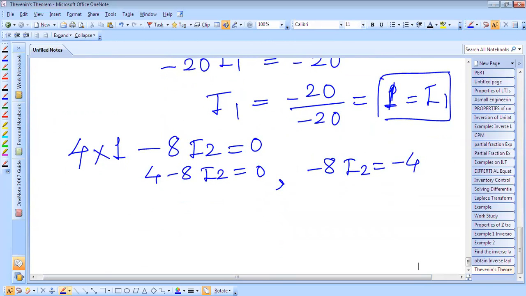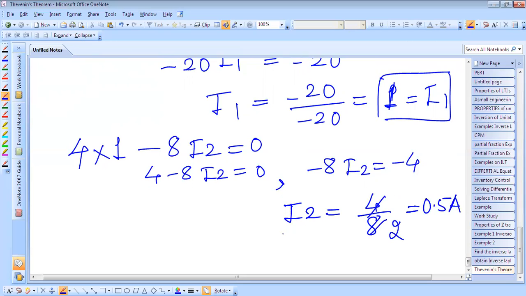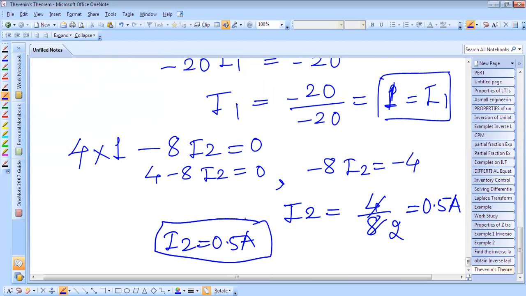Therefore I2 is equal to 4 by 8, so it is 0.5 ampere. So I2 is equal to 0.5 ampere. So in this way we can find the loop current by using the loop analysis.